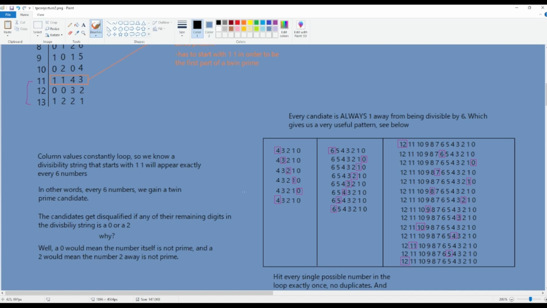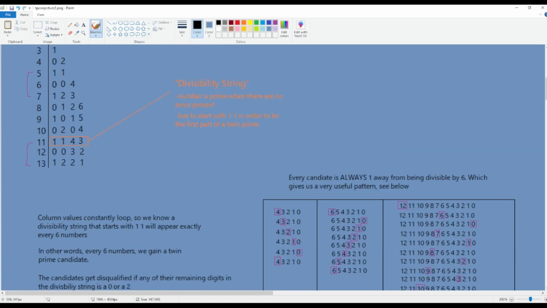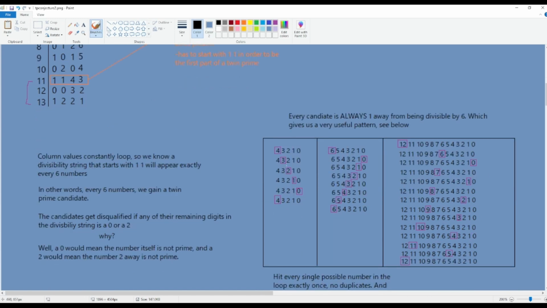Well, look, for this third column, you can have a 4, 3, 2, 1, or 0. If you start at 4, what happens in 6 jumps? You go to 3, 2, 1, 0, 4, then back to 3, 2. So you hit every single number in the loop exactly once with no duplicates. And then you start again at 4.